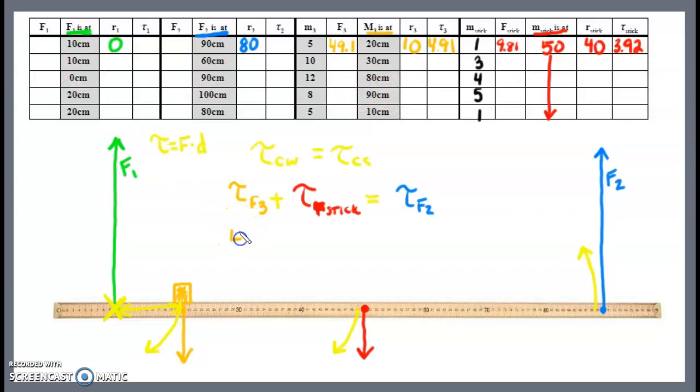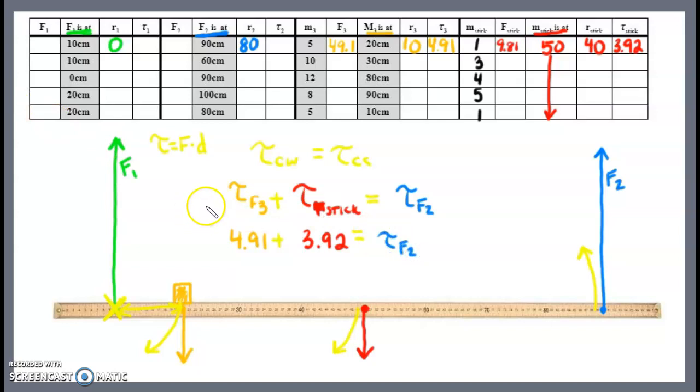So F3 is 4.91 plus 3.92, and that is going to equal the torque of F2.